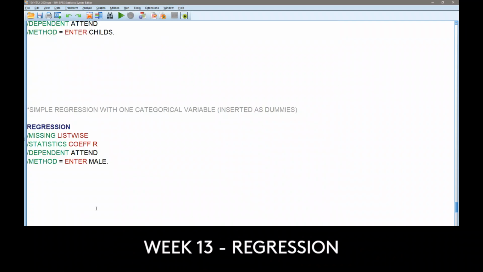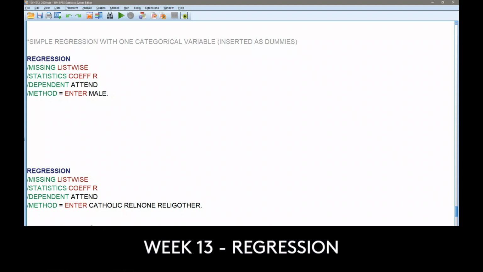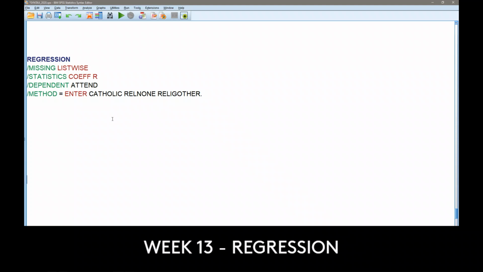Okay. All right. Now let's predict religious attendance using the categorical measure of denomination. And if you remember, we created these dummies from the denomination categories.